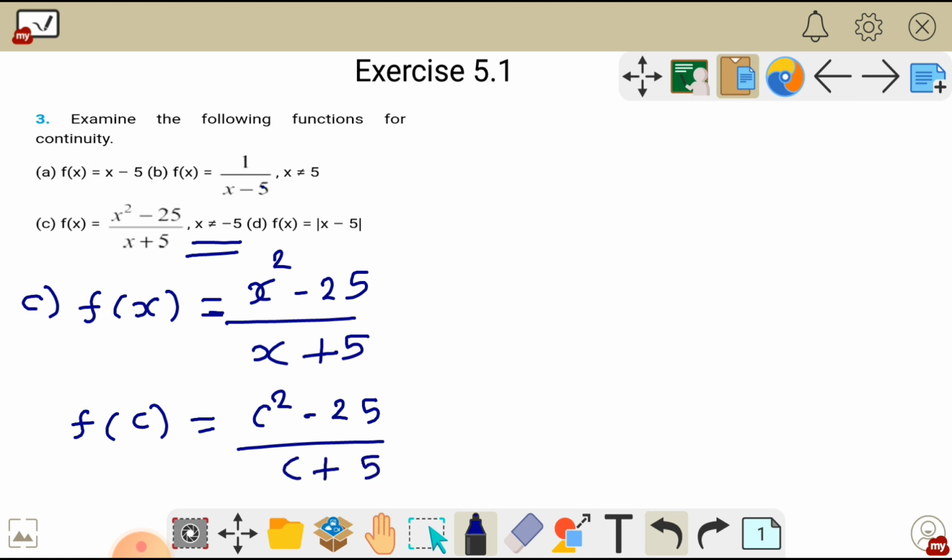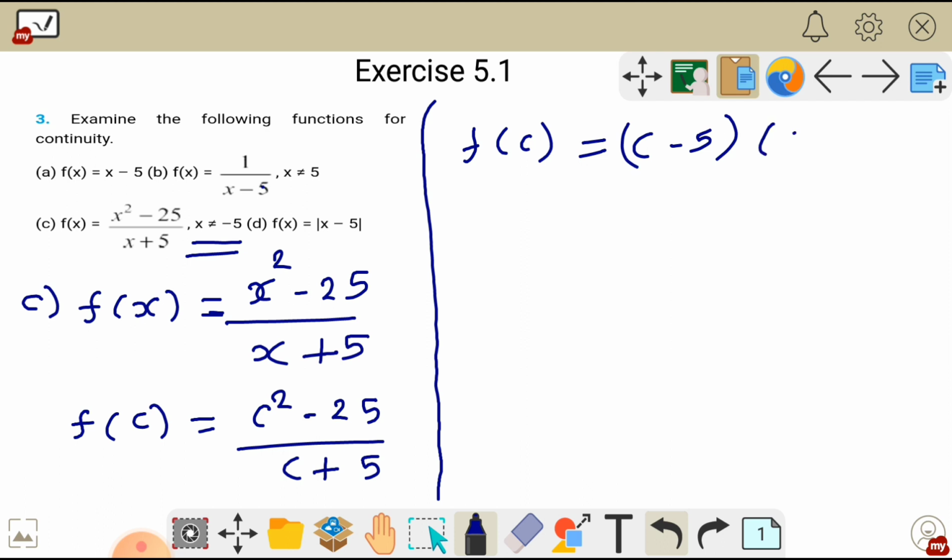By the way, you can pause the video and take a screenshot of it anytime, or you can write down in your notebook also what I am writing. So f of C is equal to C minus 5 and C plus 5. Why have I written C minus 5, C plus 5 instead of C square minus 25?